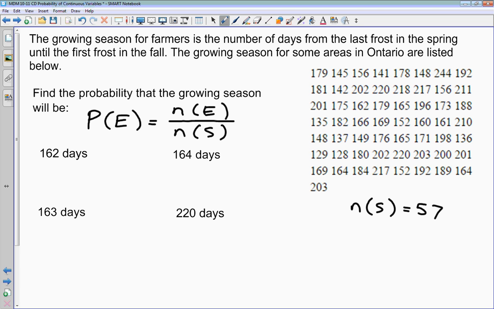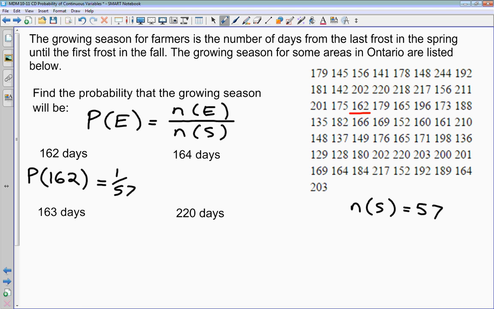So if we want the probability that the growing season is 162 days, we just need to see how many times that occurs. We go through all of our data and find 162 right there, and that is the only time it occurs. So the probability that our growing season is 162 days is 1 over 57.